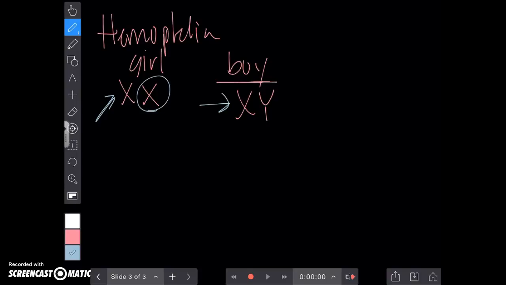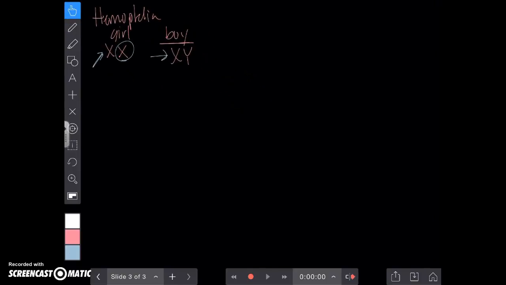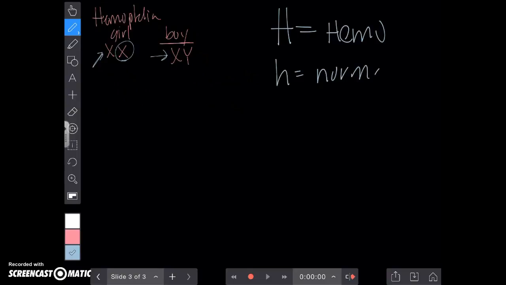Now what's going to happen is when we go through and identify this trait, I'm just going to say big H is hemophilia, little h is normal. Now it really doesn't matter if it's dominant or recessive here, because if a guy has it, he's going to have it.